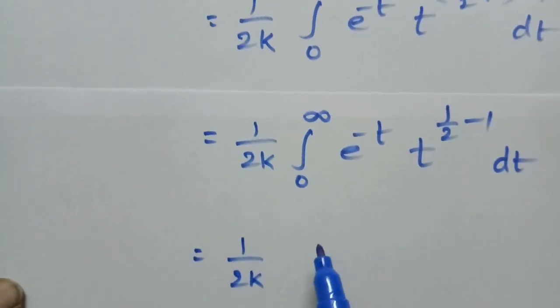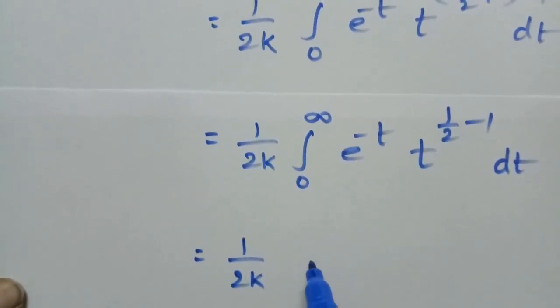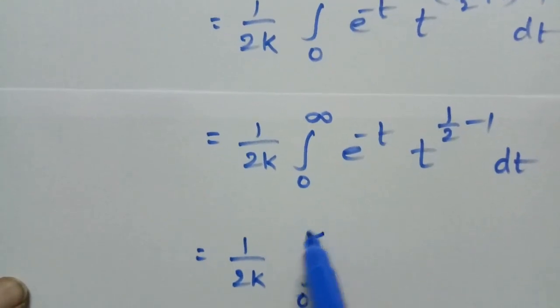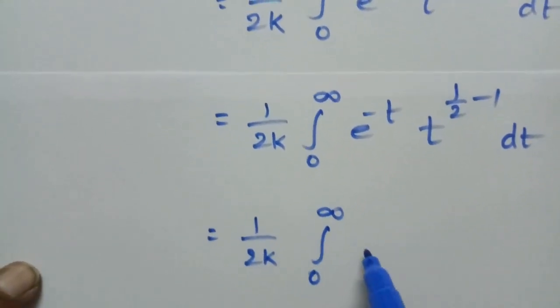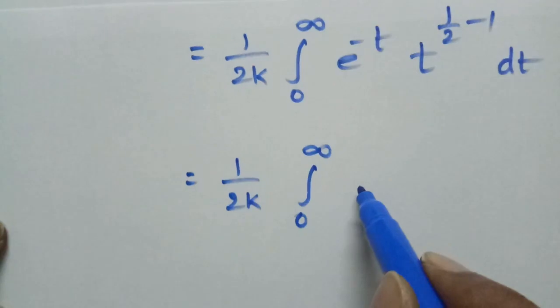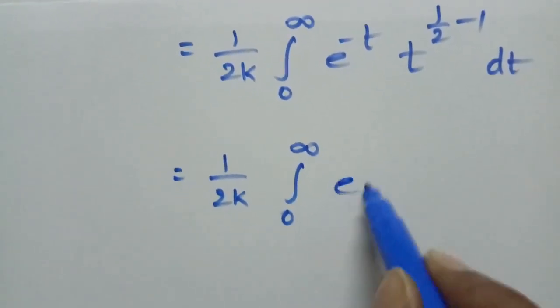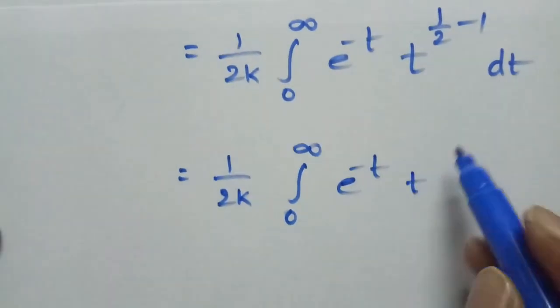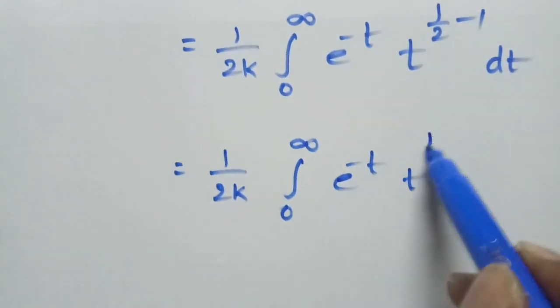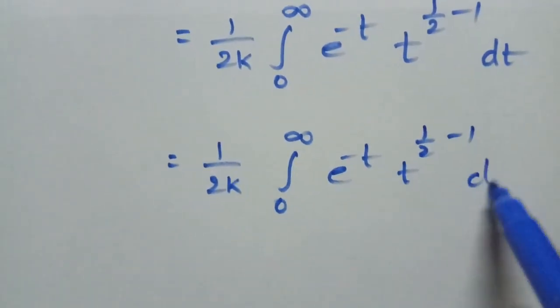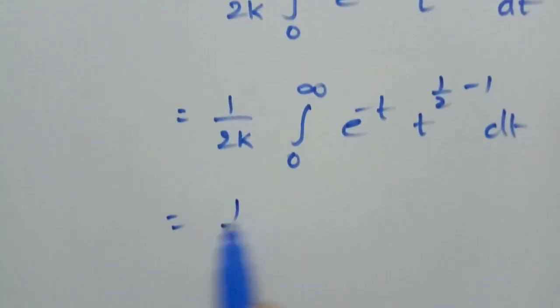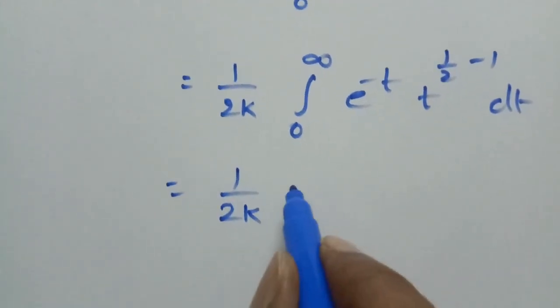1 by 2k into integral 0 to infinity e to the power of minus t into t to the power of 1 by 2 minus 1 dt. Therefore, this is a gamma half.